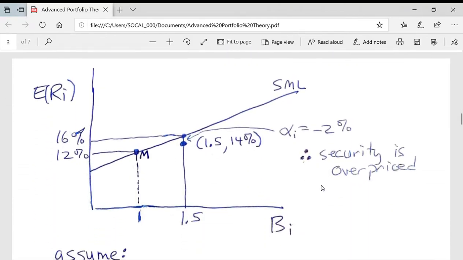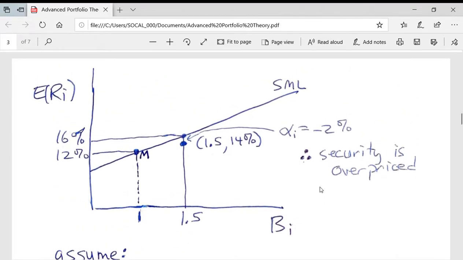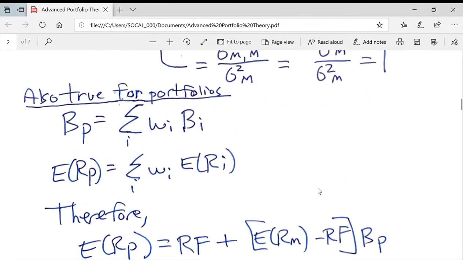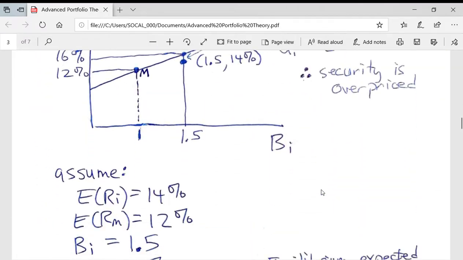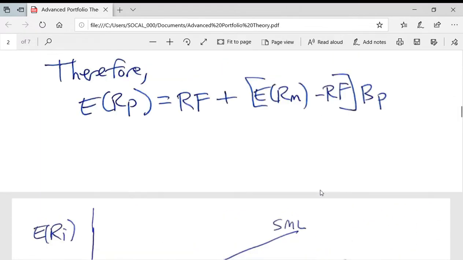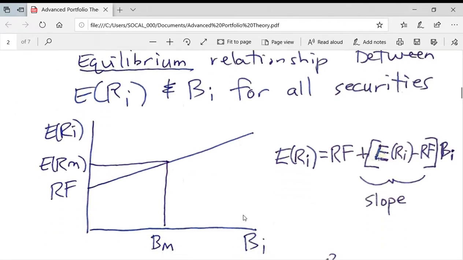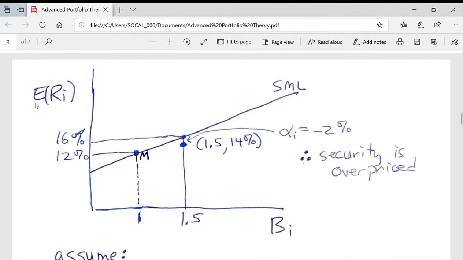Okay, and here's a little chart that distinguishes an expected return that we might have from an equilibrium expected return like might come from the securities market line. Oh, by the way, remember that the securities market line is just the graphical depiction of the capital asset pricing model. So down here we have a relationship: expected return on stock I on the vertical axis, beta I on the horizontal axis.